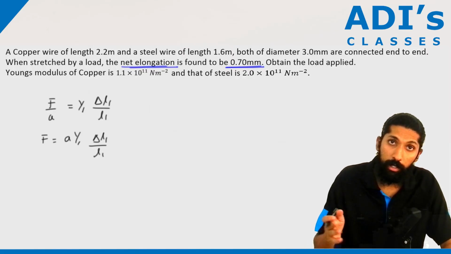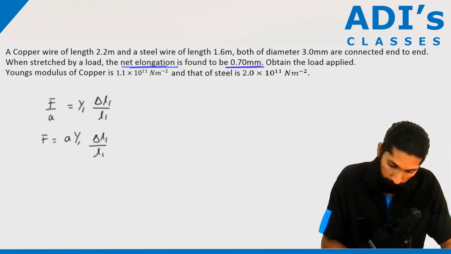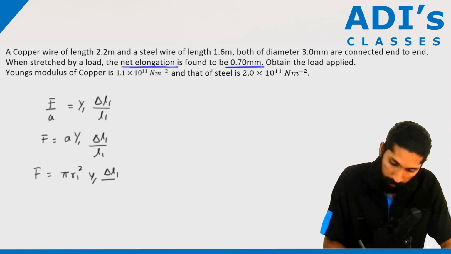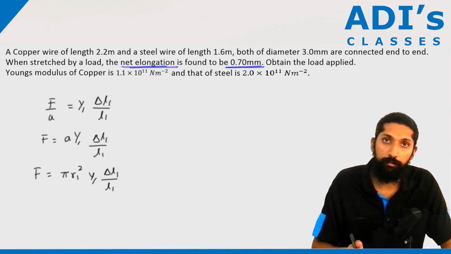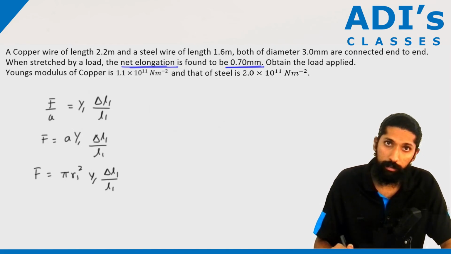Now what is A? Pi r square. So F is equal to pi R1 square into Y1 into delta L1 divided by L1. You all know the formula, you all know the values now. Just substitution, nothing more than that.